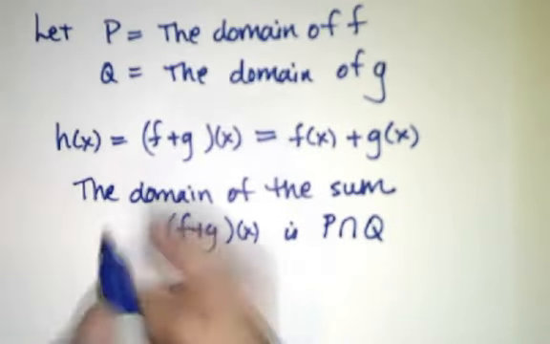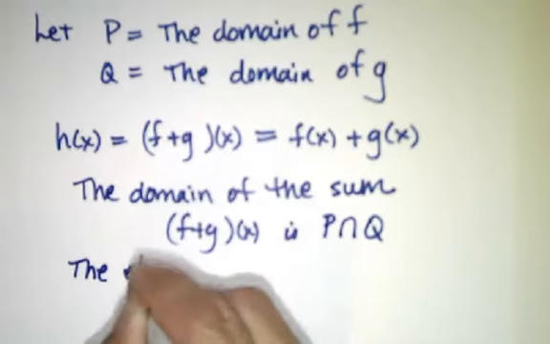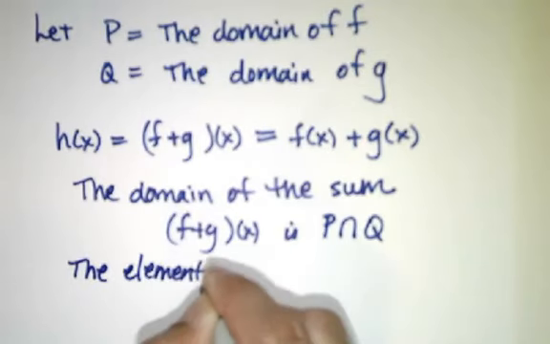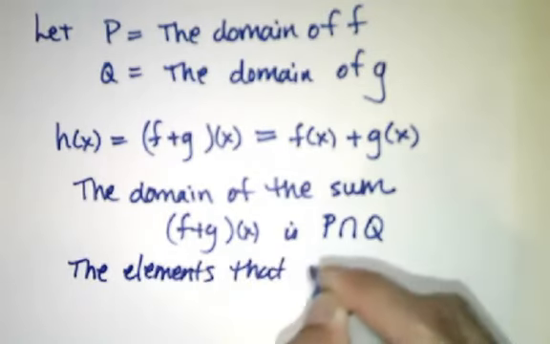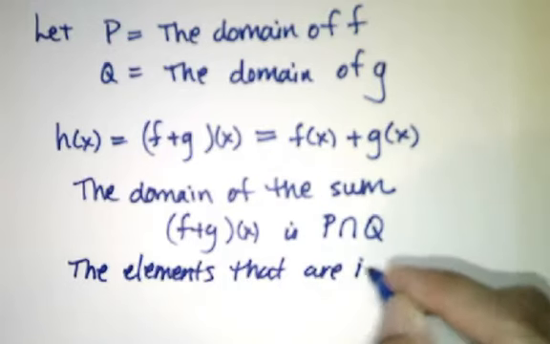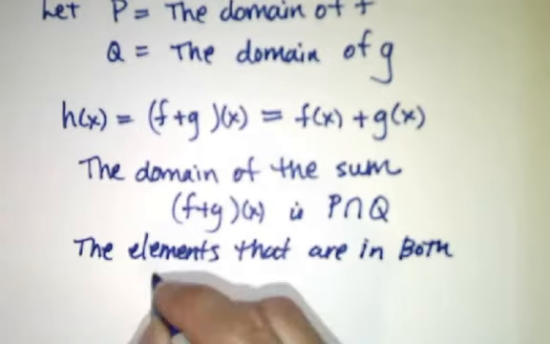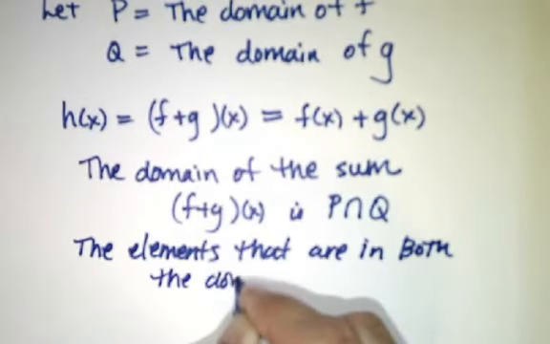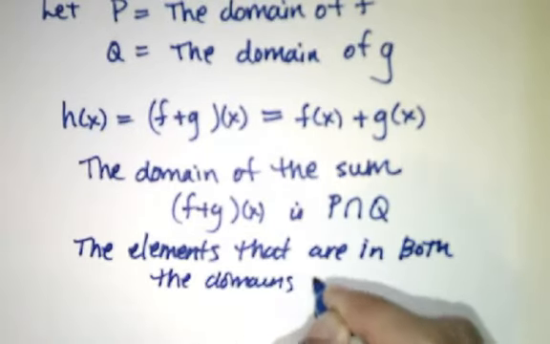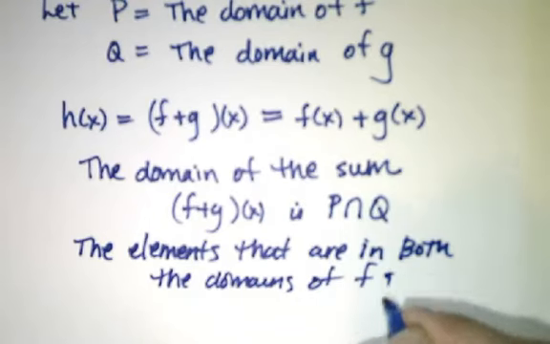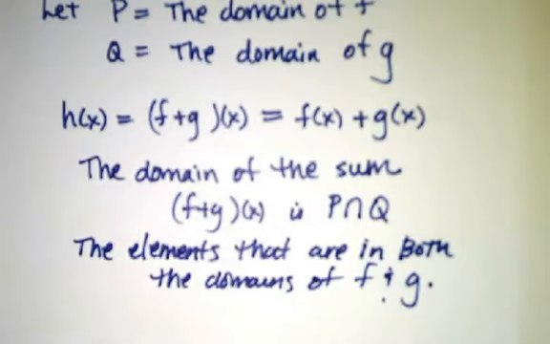So that means the elements that are in both the domains of f and g. So the elements in their each domains that they share in common, that's in the domain of the sum. Okay?